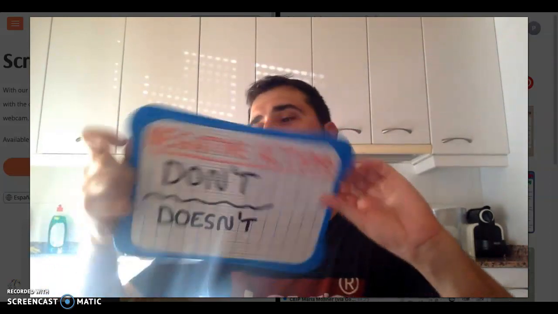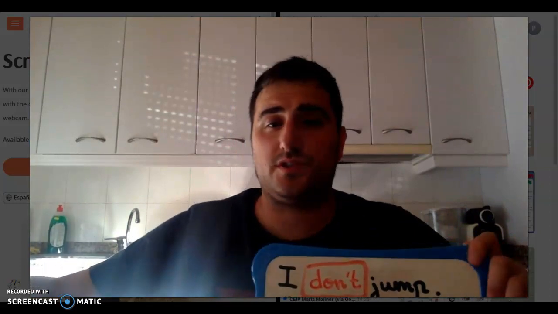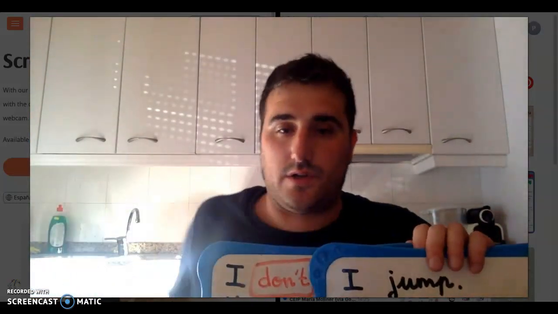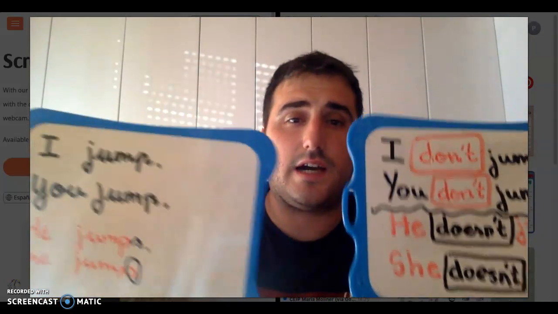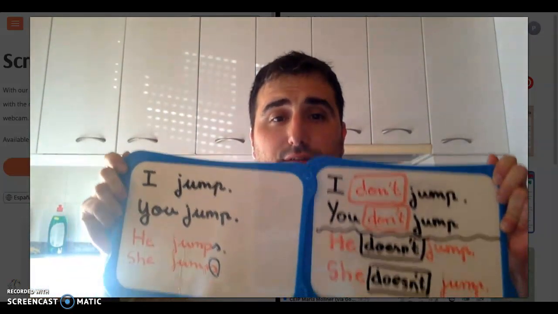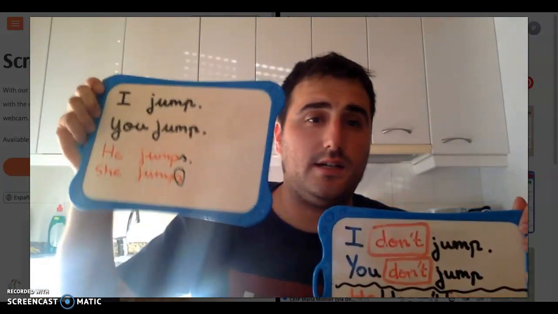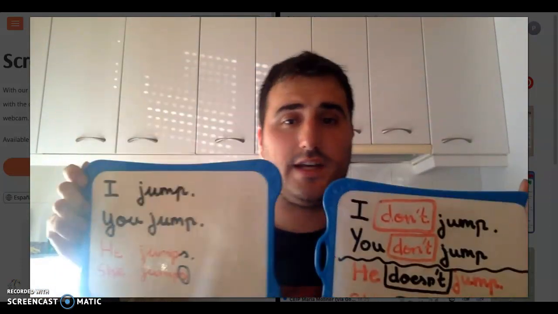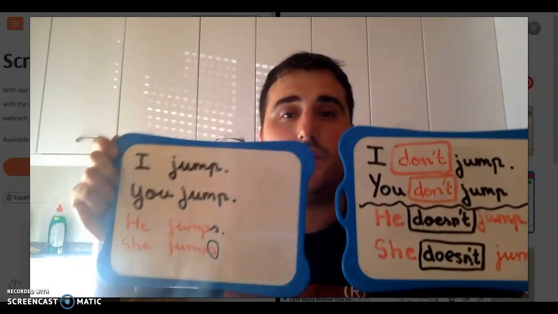Okay? So now I want you to have a look at these two screens. If you have a look at these boards, I've got the affirmative actions here, and the negative actions here. Okay?